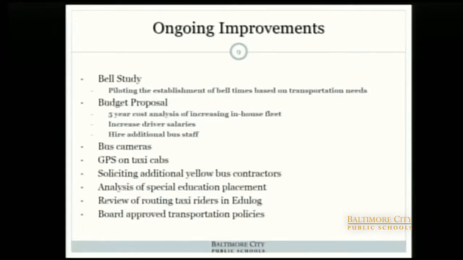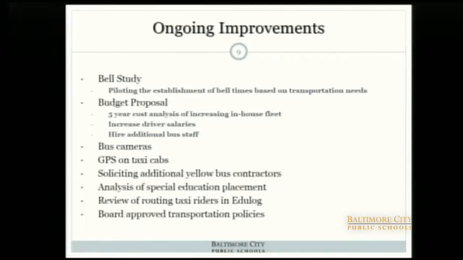All right, so on slide 9 with ongoing improvements, as John mentioned, we are looking to start a bell study to improve our bell times, because as we currently stand, we have 11 a.m. bell times and 22 p.m. bell times. So that makes it very difficult to tier our buses. And a little over 70% of all of our students are dropped off at school between 7:45 and 8:15.